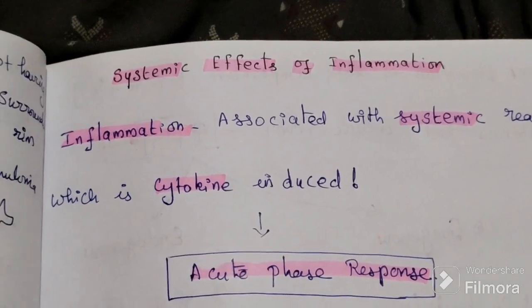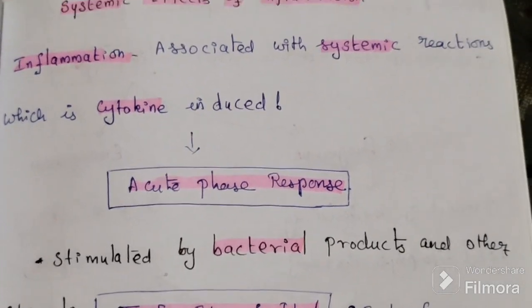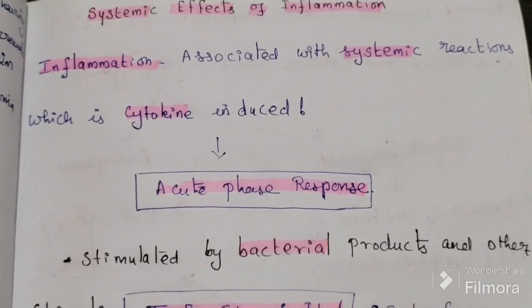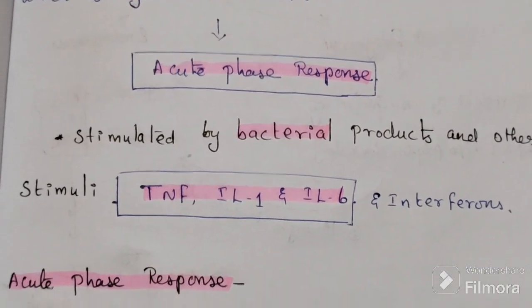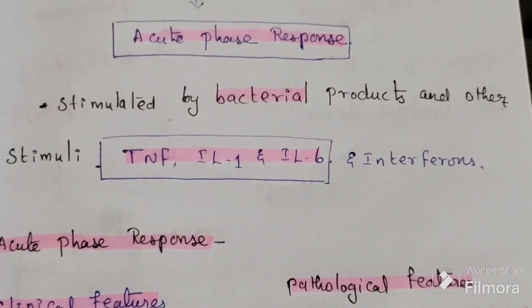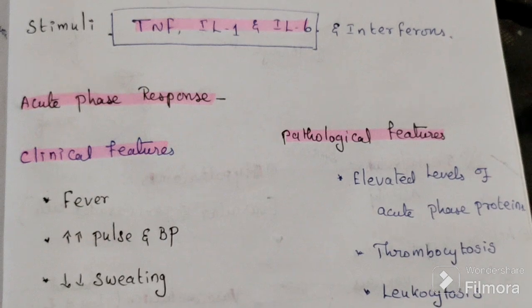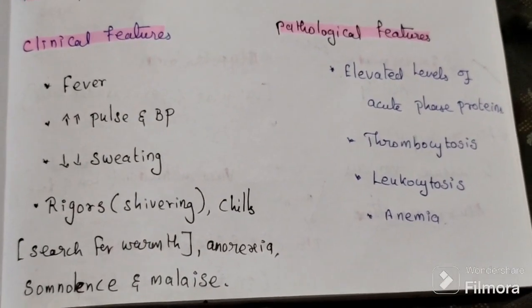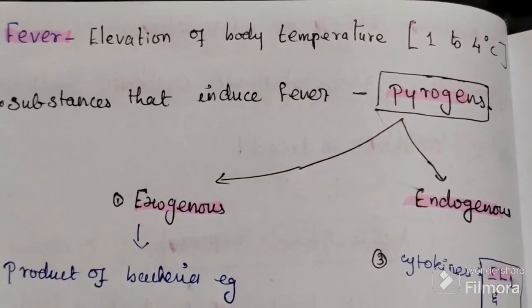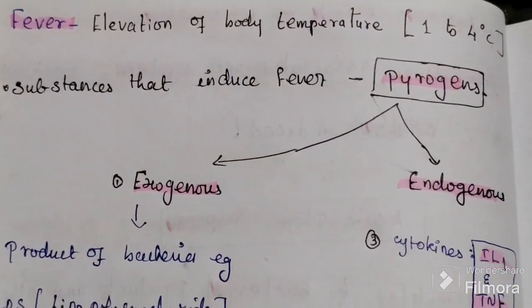So in this video we discussed the systemic effects of inflammation. What is it? Inflammation associated with the systemic reaction which is cytokine induced. So what are the stimuli? Tumor necrosis factor, interleukin 1 and 6, acute phase response, clinical features and pathological features. Fever, 1 to 4 degrees Celsius rise, is induced by a substance called pyrogen.